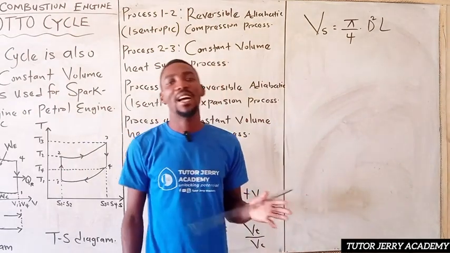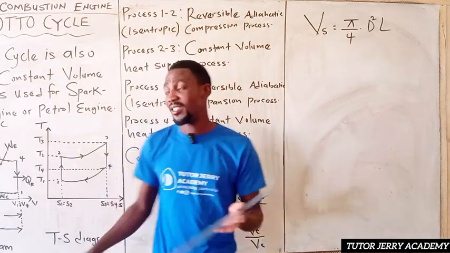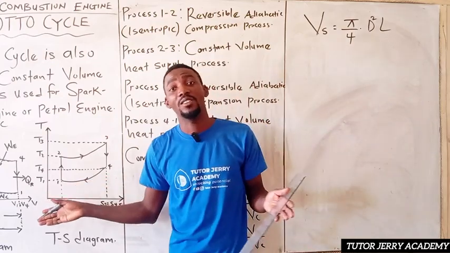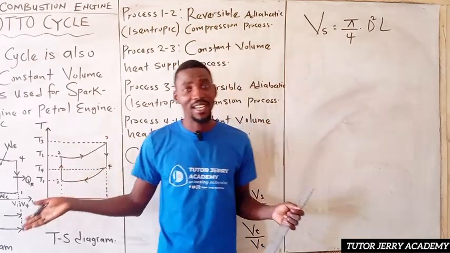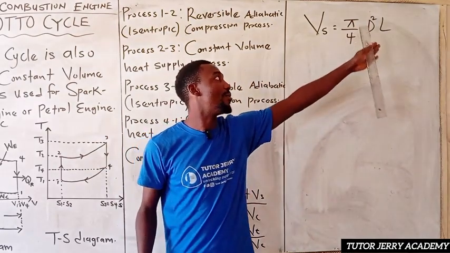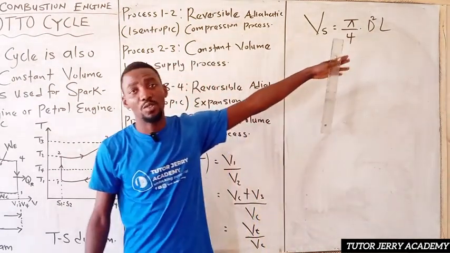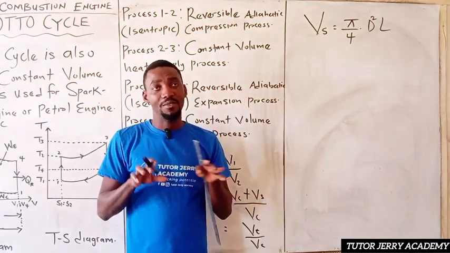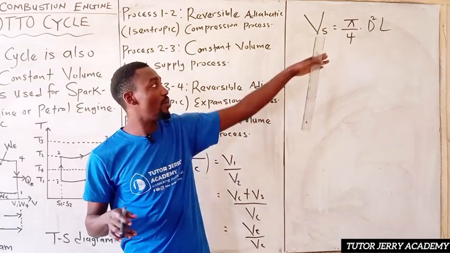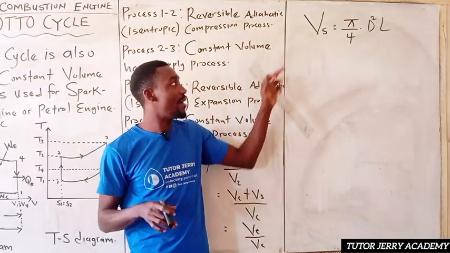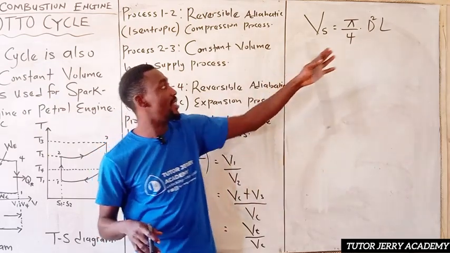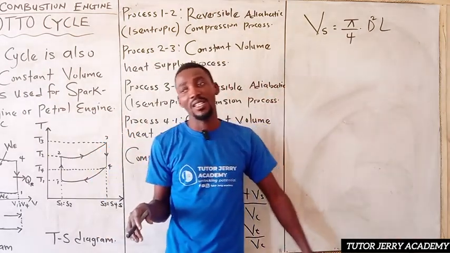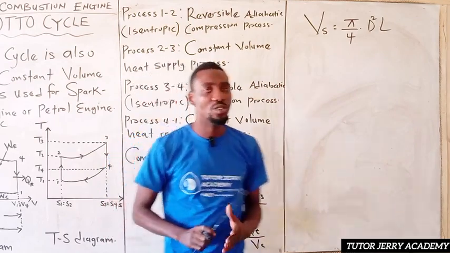You can say it's the diameter of your cylinder bore. Is that clear? So the diameter of the bore, or the diameter of the cylinder, and the length of the stroke. All right, so this is what you need to take note of.